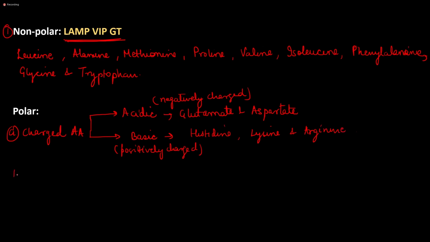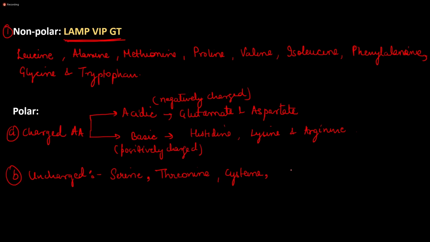Now the second category in the polar is uncharged. These are polar but uncharged; they do not have charge. Examples are serine, a hydroxyl group containing amino acid, and threonine. Then we have sulfur containing cysteine.